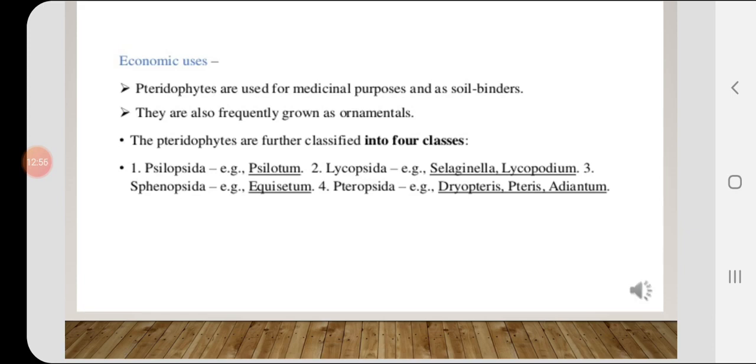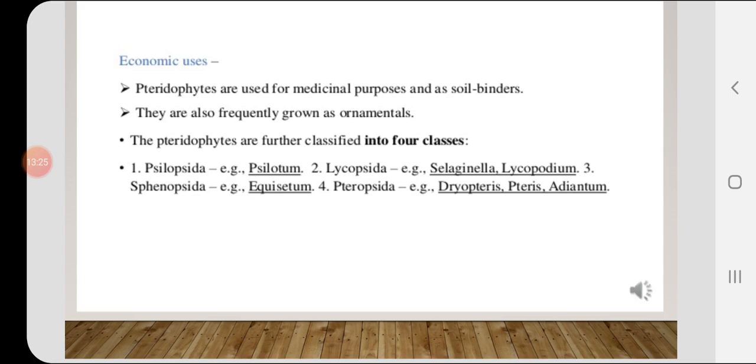Moving to the last topic, the classification of pteridophytes. Pteridophytes are classified into 4 types: Psilopsida, Lycopsida, Sphenopsida and Pteropsida. An example for Psilopsida is Psilotum, for Lycopsida Selaginella and Lycopodium, and for Sphenopsida Equisetum.